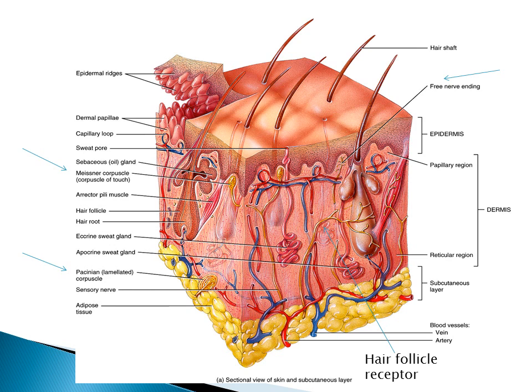Also in this same diagram, a little bit deeper down at the junction between the dermis and the deeper subcutaneous layer, we see Pacinian corpuscles. We also see all different types of receptive endings at the junction of the epidermis and dermis.